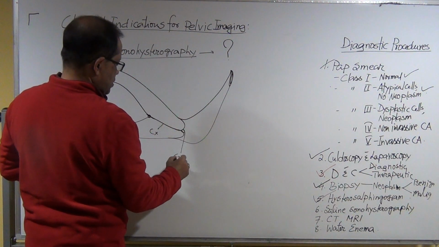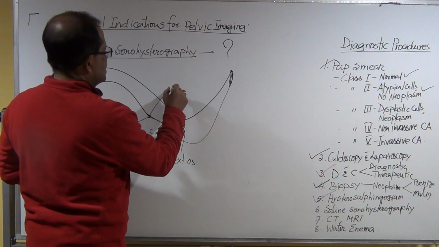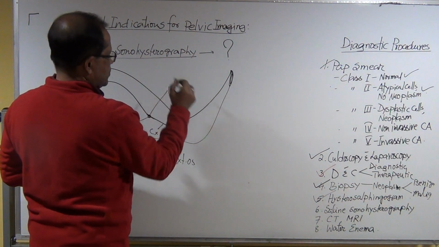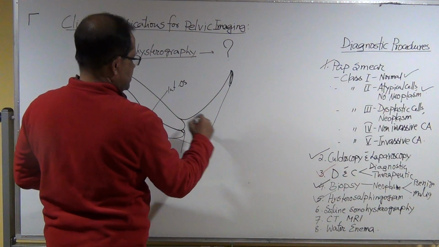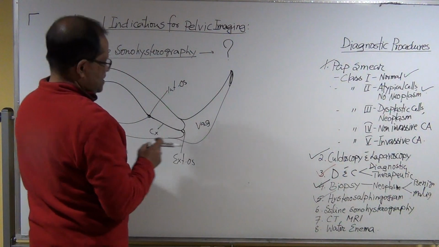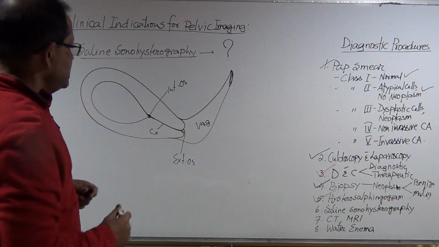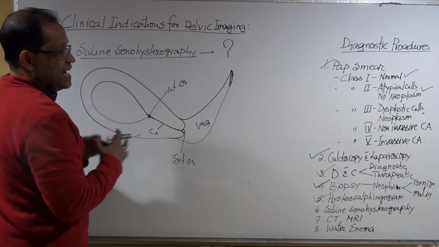And this is the vagina. Okay, this cervical canal is tight, and the external os and internal os are also tight. It needs to be dilated.